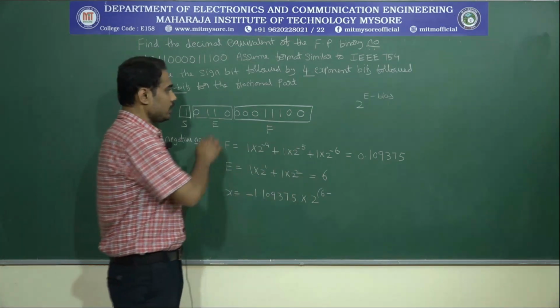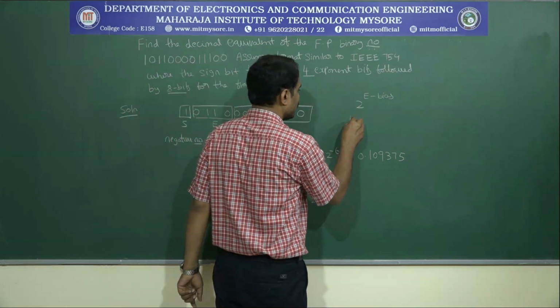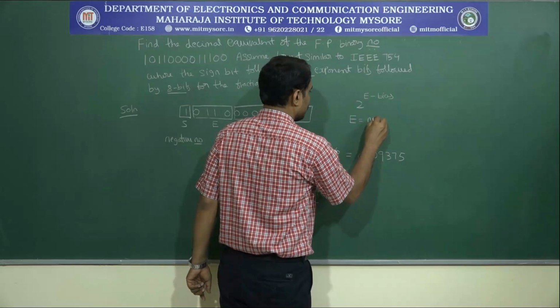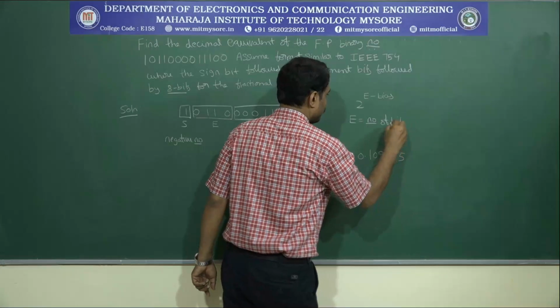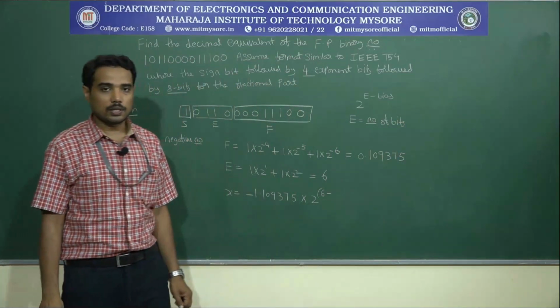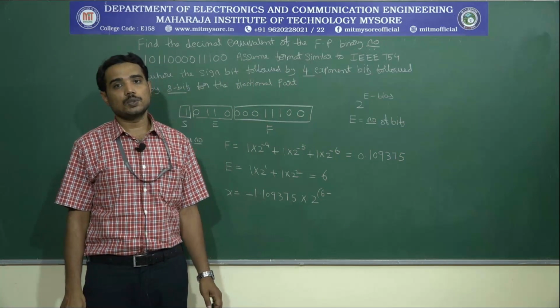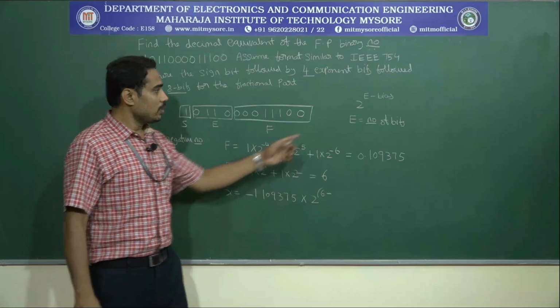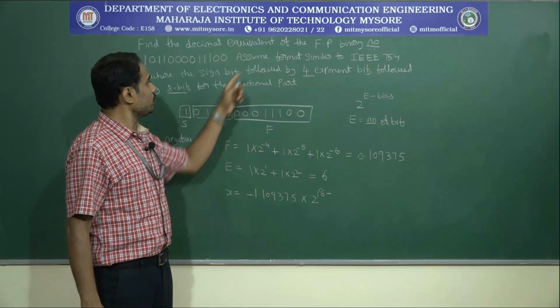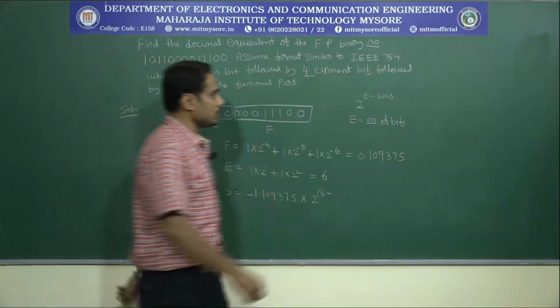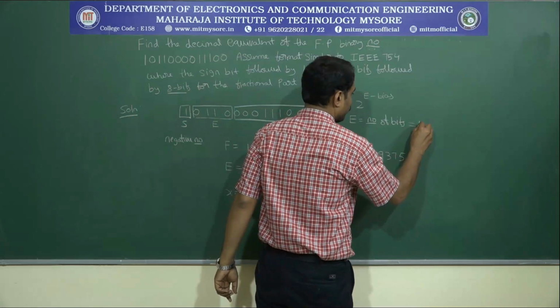But we are interested in the number of bits associated with e. We should not take the value 6. We should consider the number of bits associated with the e field. What is the number of bits associated with e? 1, 2, 3, 4. And it is also given here. The number of bits is equal to 4.